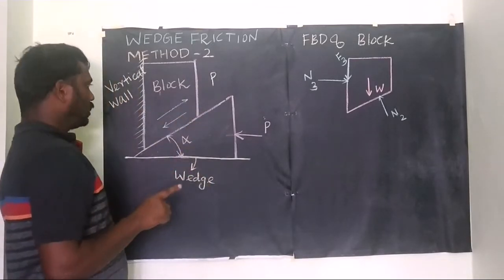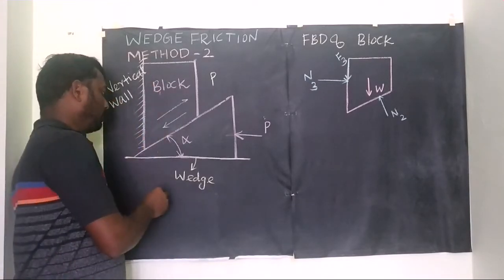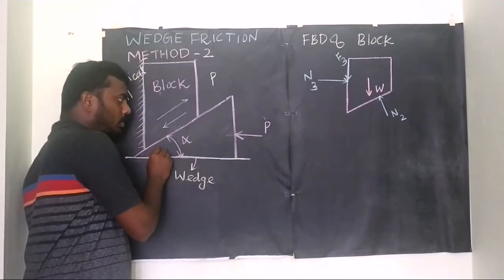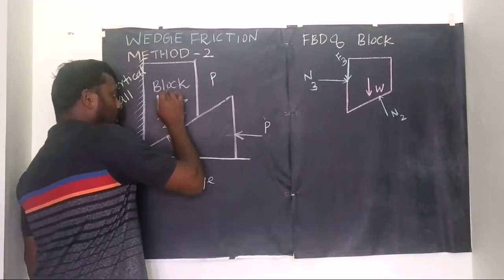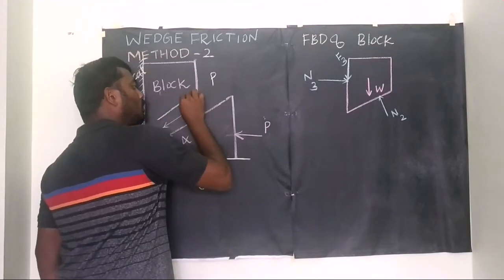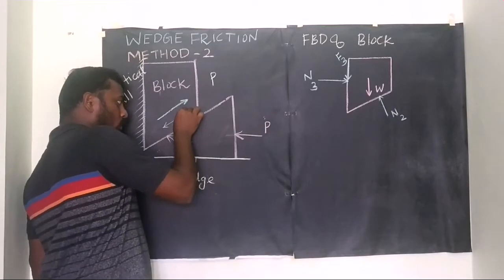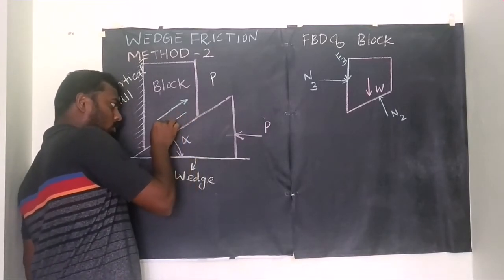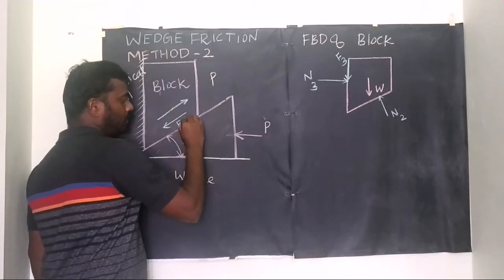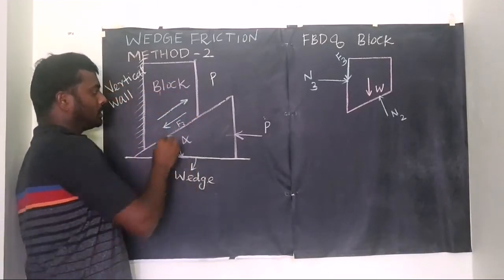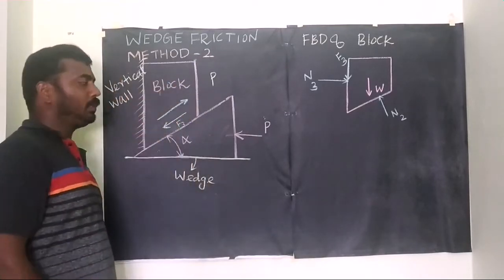Listen here. This block starts to move from bottom of the wedge to top of the wedge. It means this block is moving towards up in this direction, so the limiting friction force is acting towards down. This arrow mentions the movement of the heavy block.